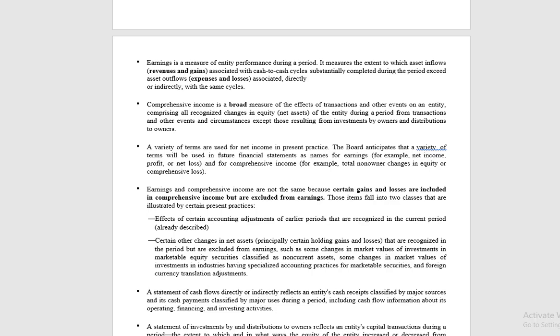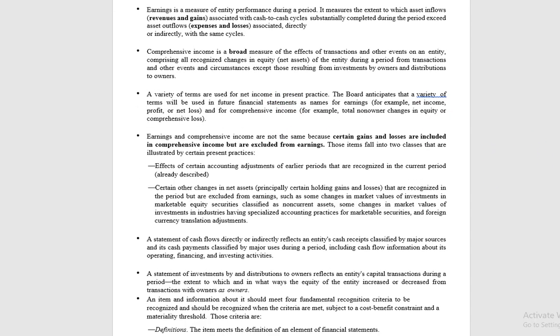It's going to be broader. It's going to include more things than the income statement. So there could be a variety of terms at various places, but they have tried to narrow it down for earnings, net income, for comprehensive income, that sort of thing. But it doesn't change the underlying idea of what we're trying to measure or how we're going to calculate it.